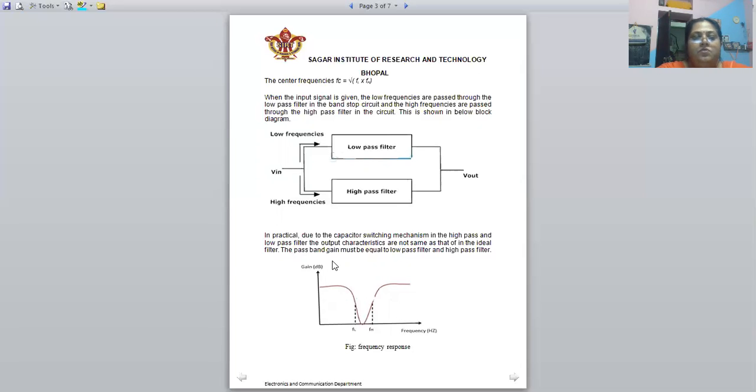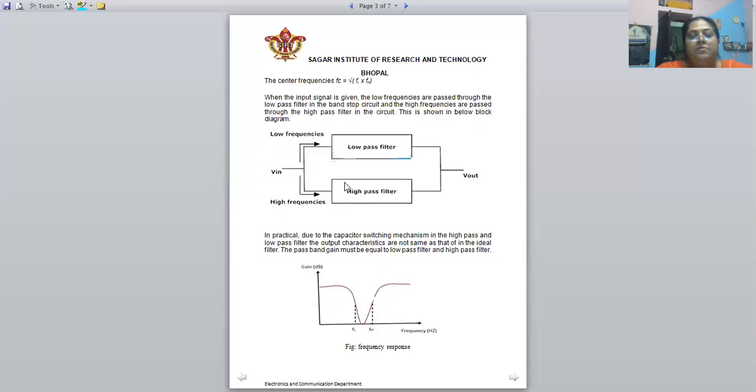In practice, due to the capacitor switching mechanism in the high pass and low pass filters, the output characteristics are not the same as those of the ideal filter. As we know, the charging and discharging of a capacitor is exponential.